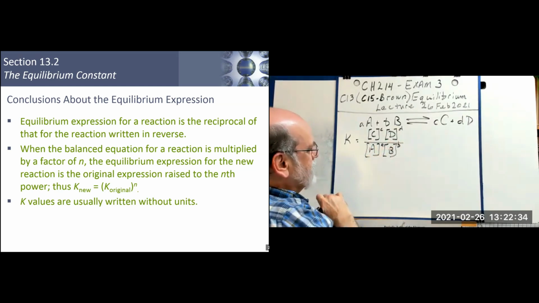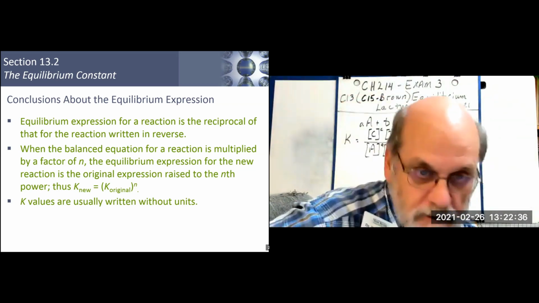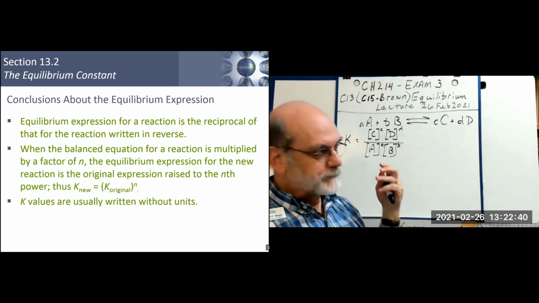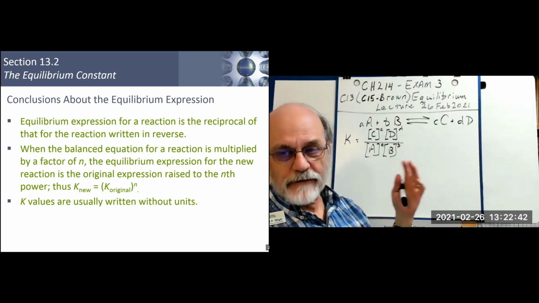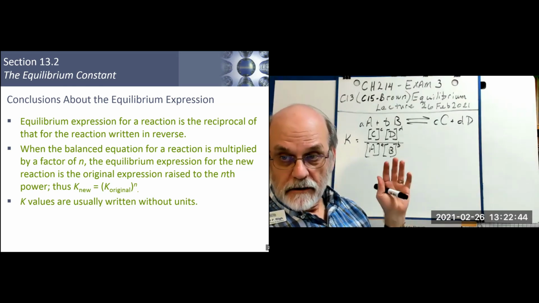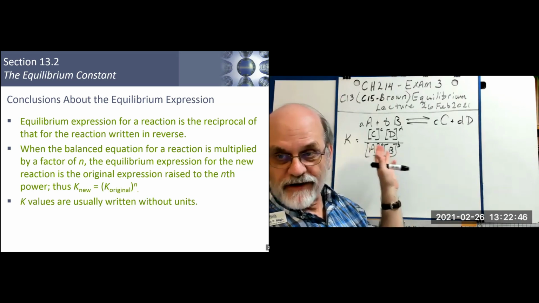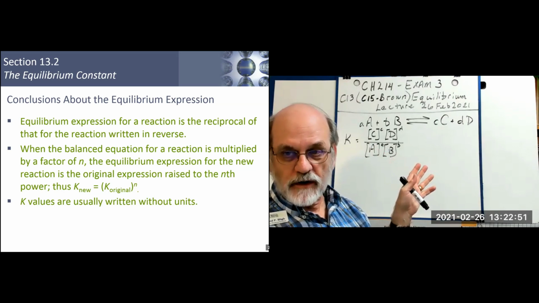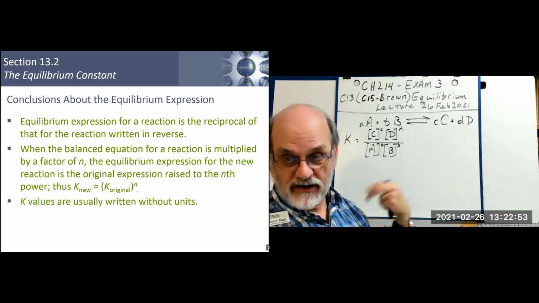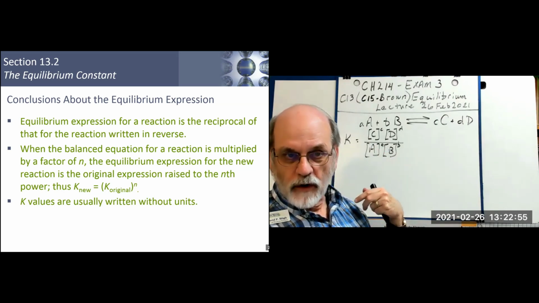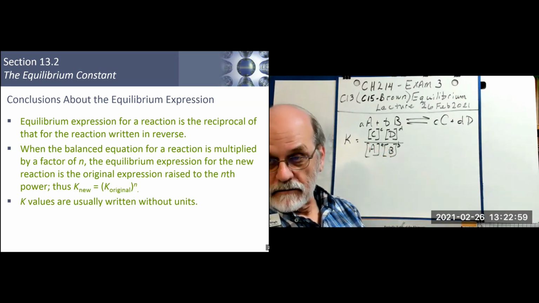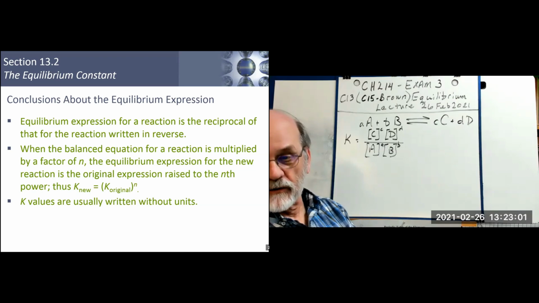Okay. Now, if we have to, for some reason, manipulate this value because of something we've done to the reaction. Let's say we want to study the reaction in the other direction. What does that do to the K? Say we want to reverse the reaction.